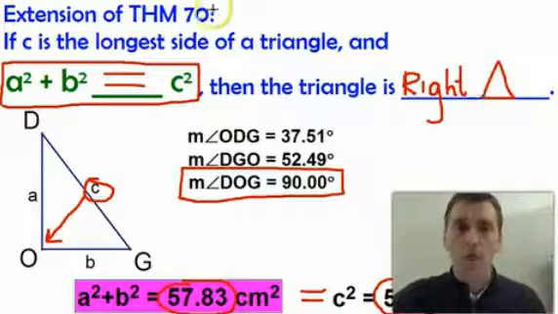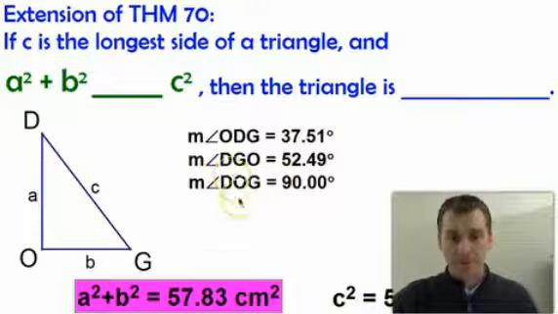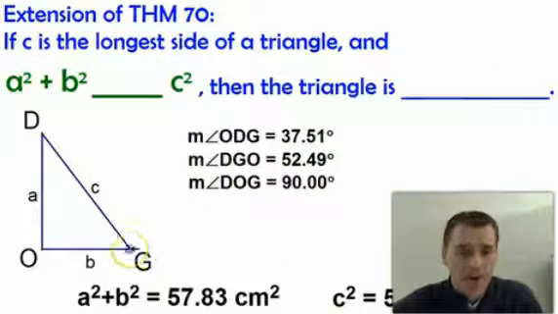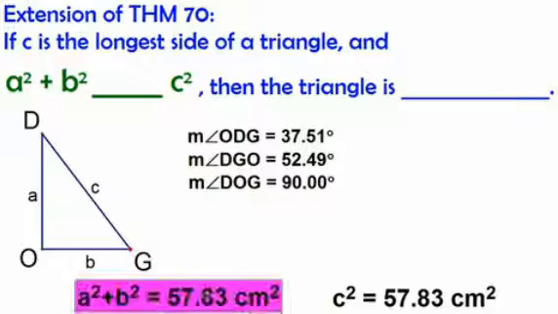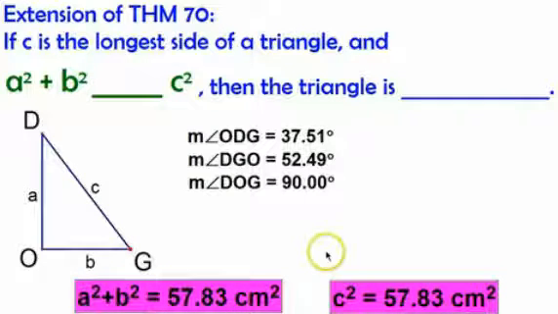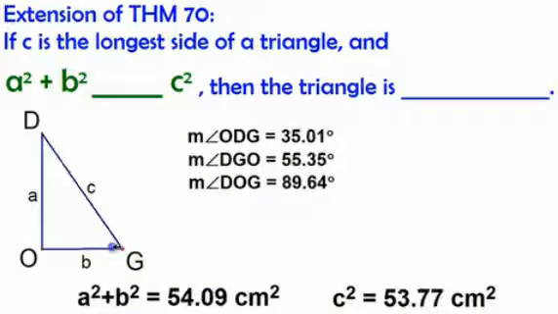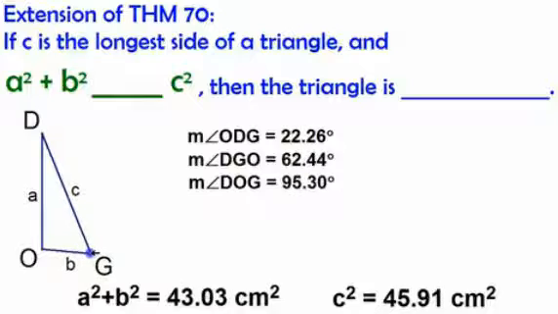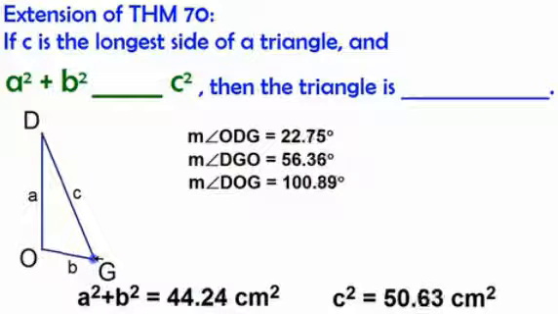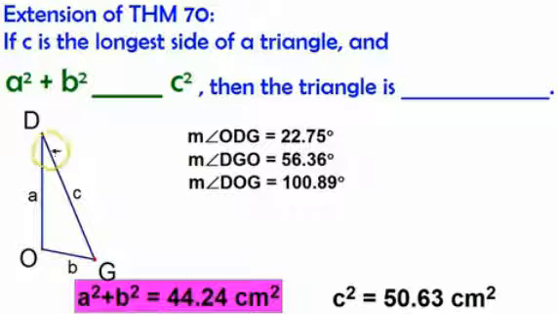So that is part A of this extension. Let's go on, though, and do part B, and you'll see what happens here. Let me take this point, and now I'm going to make these things not equal to each other. I'll make it smaller. So there, I'll pull it in like that. So what you see now is that the sum of these two things right here is 44.24.